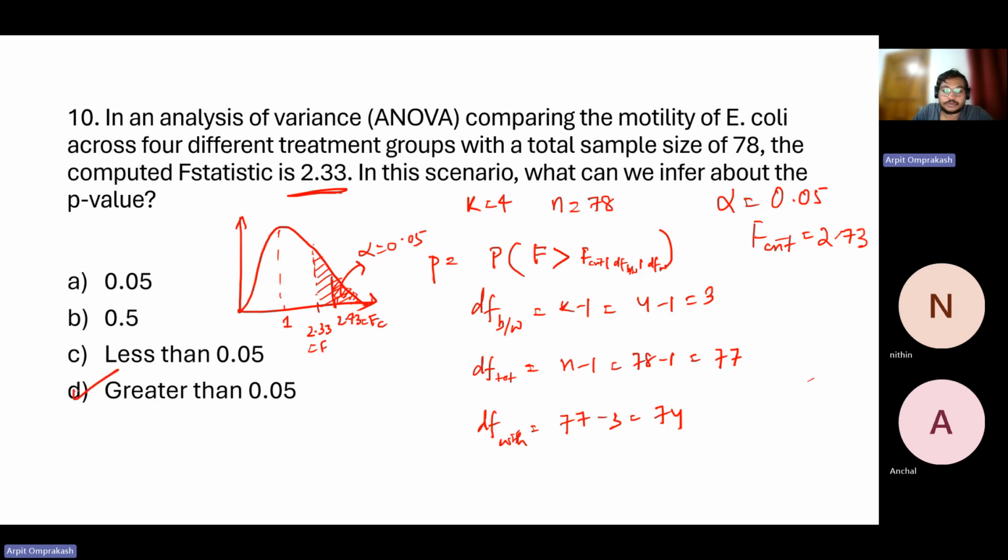So the answer here will be option D, greater than 0.05. Most likely it won't go till 0.5 because it's a bit to the right of it. So the safest option here would be to go with option D, greater than 0.05.